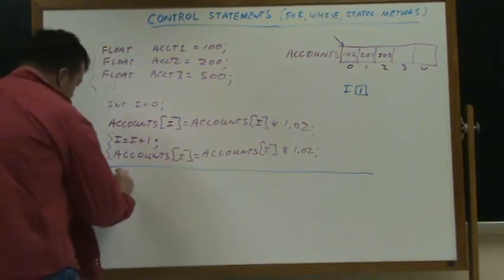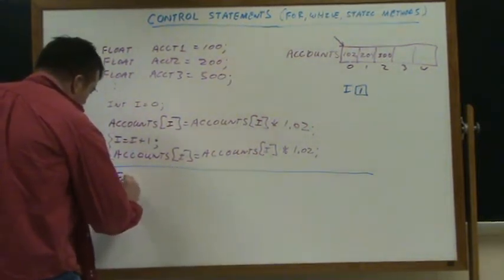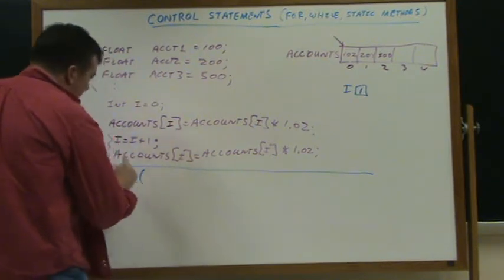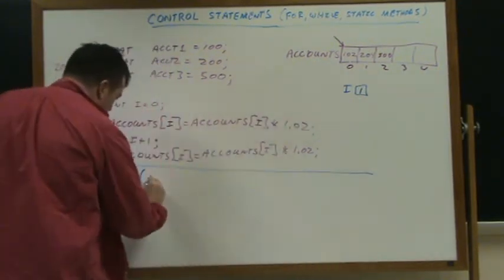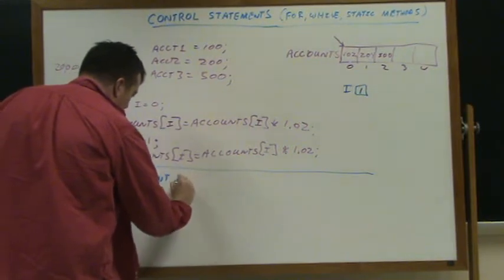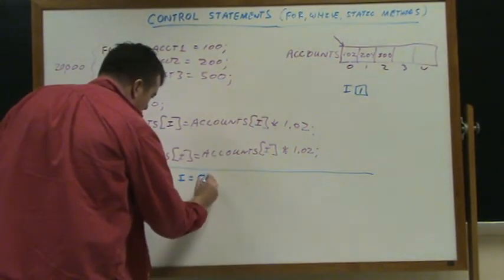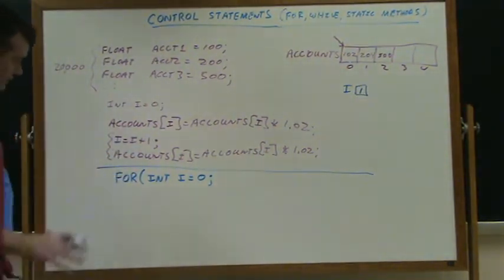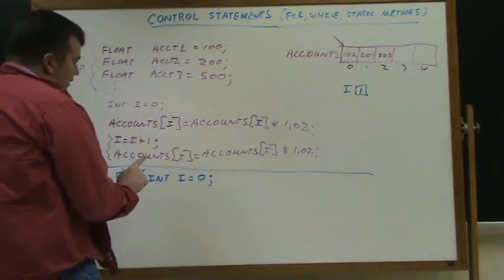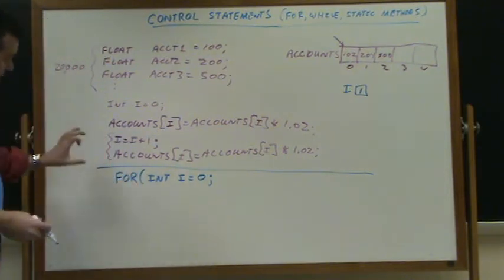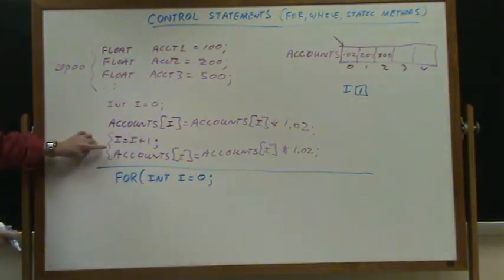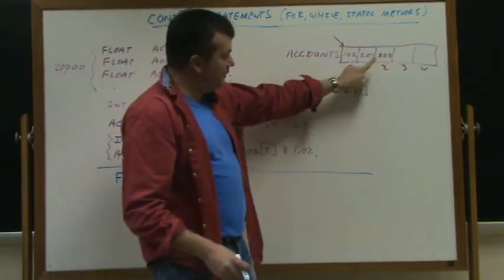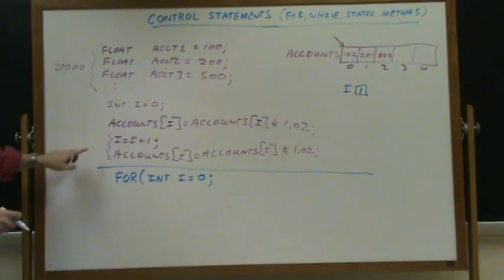The syntax goes like this: for, we'll create this variable I. We'll say int, we have to declare it, integer I equals 0, and then a semicolon, because that's a complete statement. What do we want to happen every time we give interest to an account? We want I to be increased by 1.